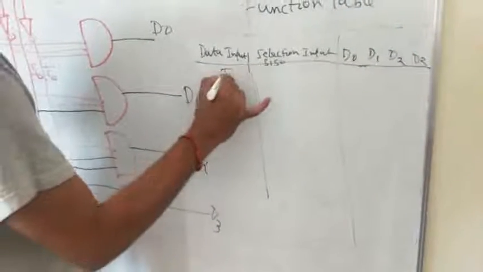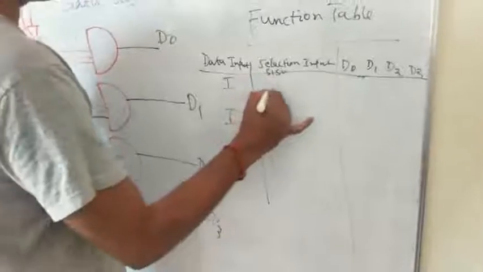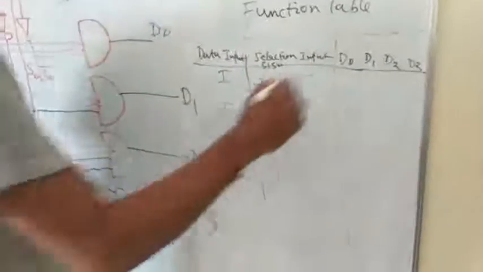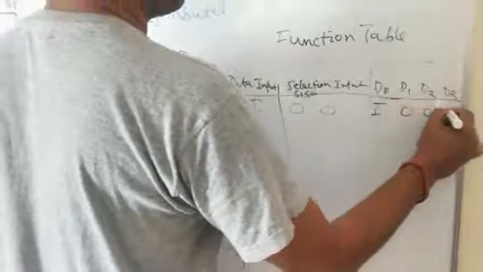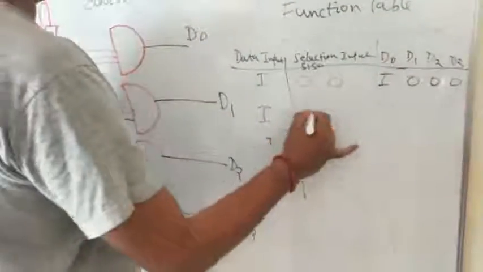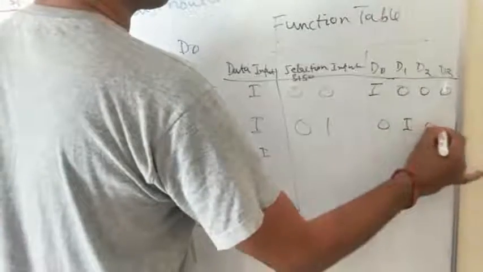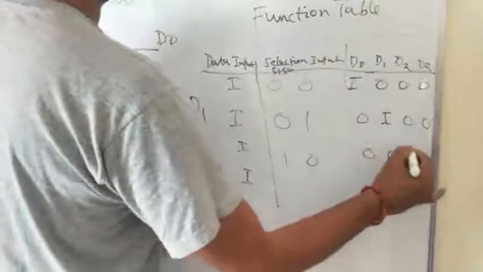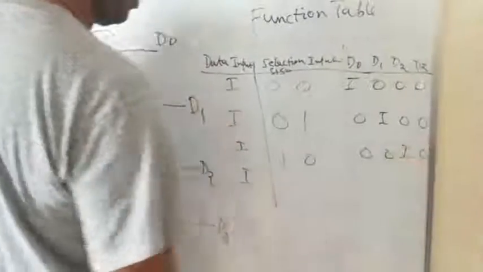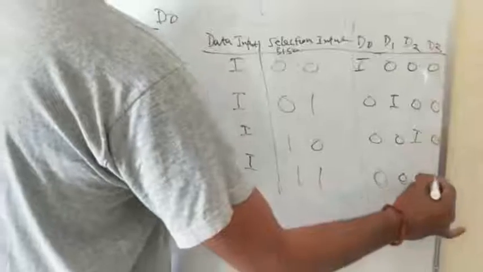Data input is I for all. For 0 0, through which channel will it go? I. Other outputs would be 0. 0 1 means the data will travel through D1. 1 0 means it will travel through D2. And 1 1 means it will travel through D3. So this is how the demultiplexer is working.